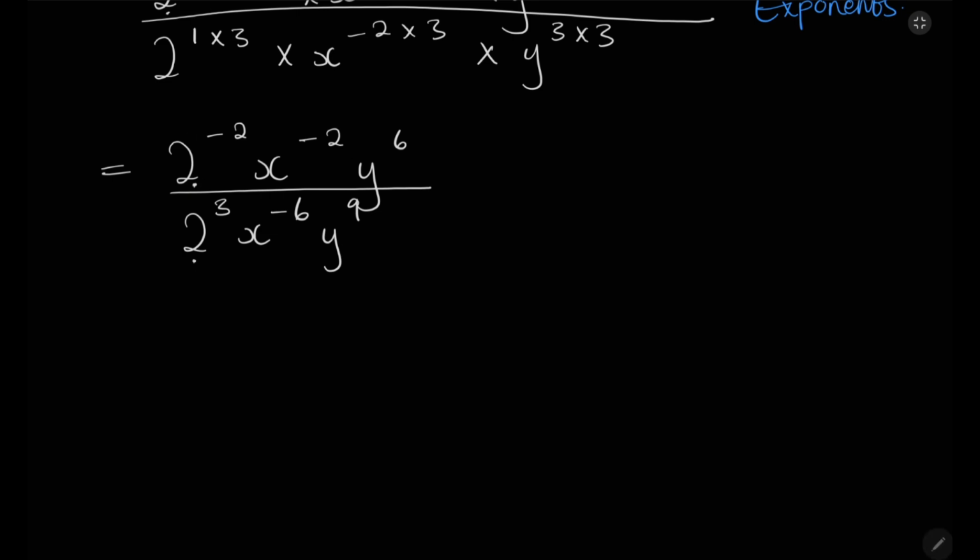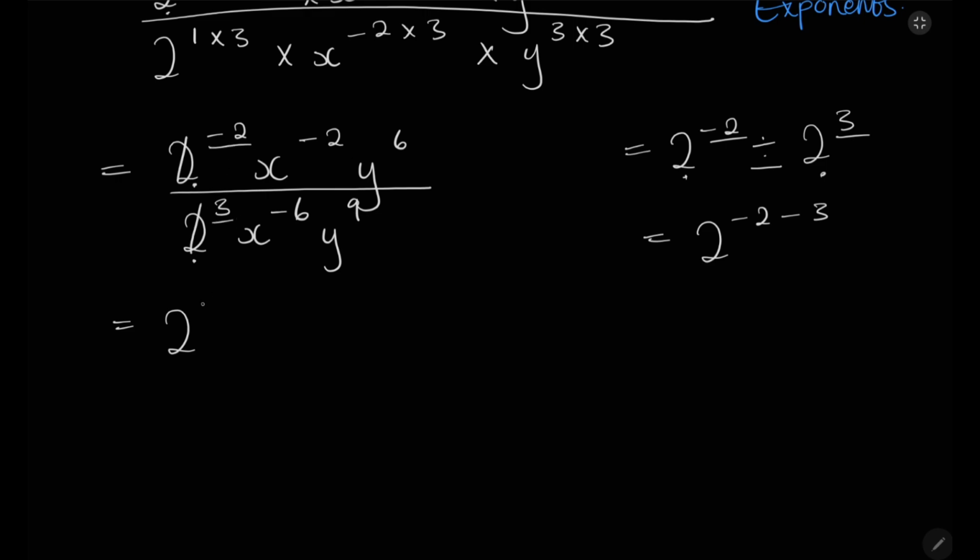We have 2 and 2. Let's write this on the side. This is basically 2 to the power negative 2 divided by 2 cubed. You have 2 bases that are divided, so we subtract their exponents. This will be 2 to the power negative 2 minus 3. We show this here, 2 to the power negative 2 minus 3.